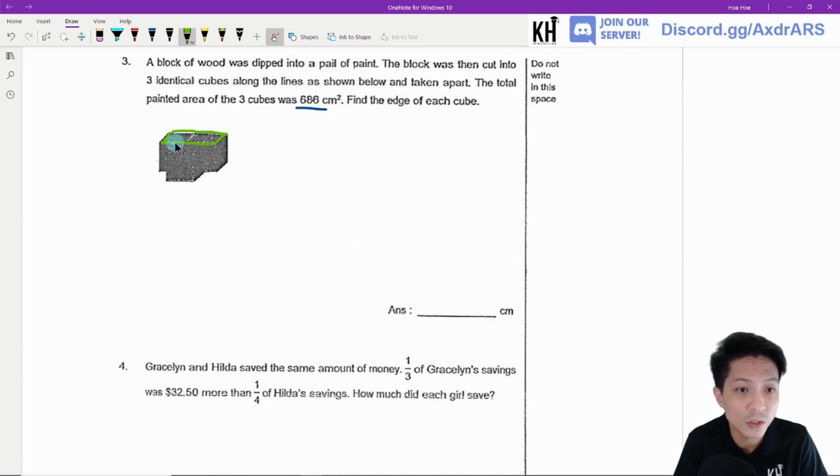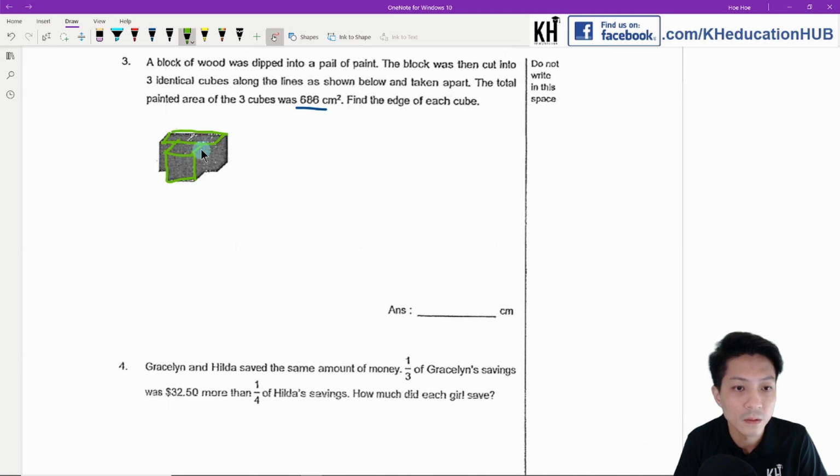I think there should be a cube here, somewhere here. Not sure if this is going to make it look better or make it worse.